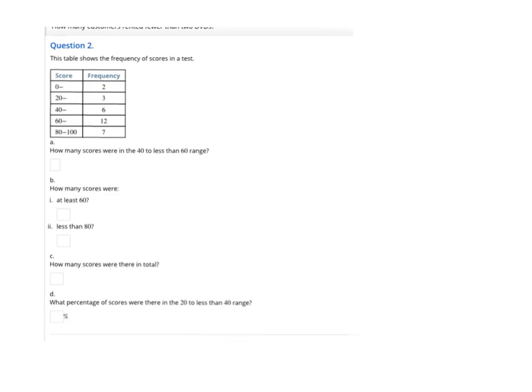How many scores were in the 40 to less than 60 range? So you're adding these 2, yeah? So we're going to say 18. Good. How many scores were at least 60? At least.